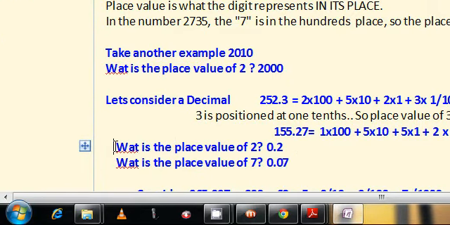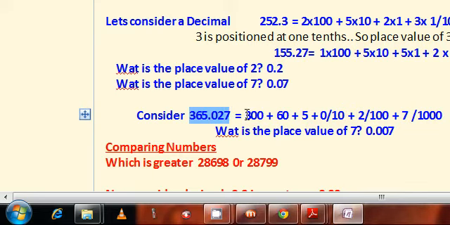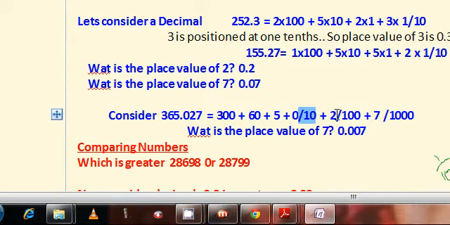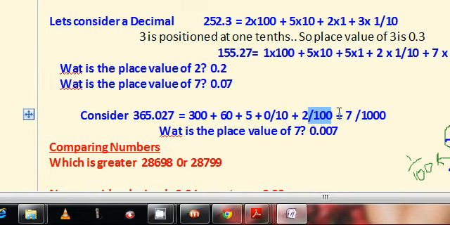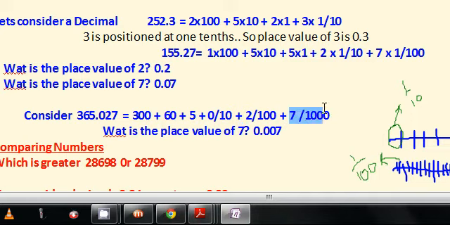Okay, now let's see another example. 365.027, this is same as 3 multiplied with 100, 6 multiplied with 10, 5 multiplied with 1, plus 0 multiplied with 1/10th place, 2 multiplied with 1 by 100th place, 7 multiplied with 1 by 1000th place. So when it is asked what is the place value of 7, we will say that 7 is positioned at the 1000th place, so its value is 0.007.